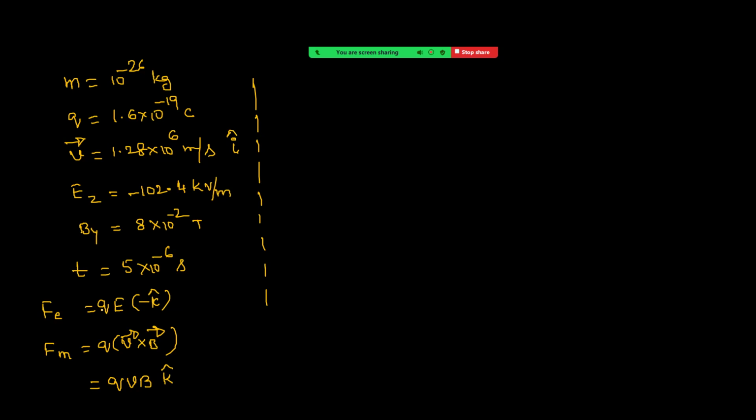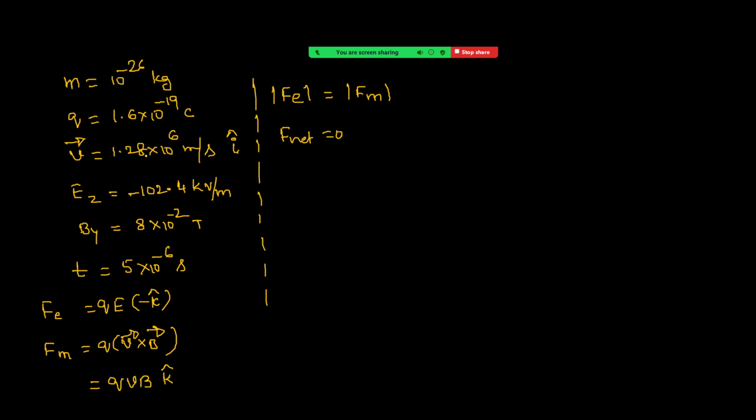You can see that both modulus values are the same. If you calculate qE and qVB, we come to know that their modulus values are equal. That means the net force equals 0. So since net force is 0, velocity is constant. That means it continues to move along the positive x-axis with the same velocity.